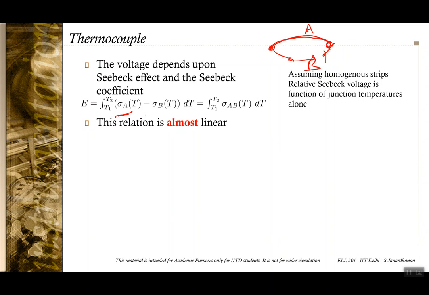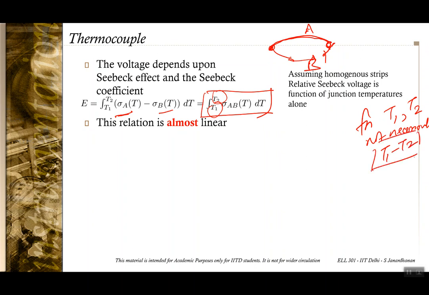So sigma A of T minus sigma B of T, which is just a function of the two temperatures T1 and T2. Note that it is a function of T1 and T2, not necessarily T1 minus T2. We are not talking about the EMF being proportional to or dependent on the difference of the temperature.